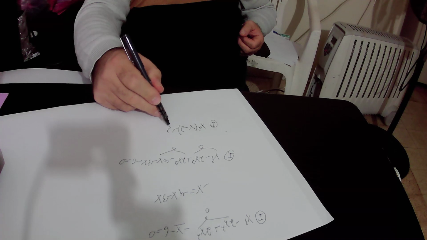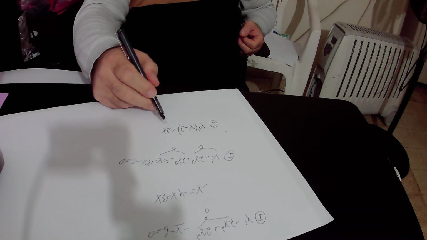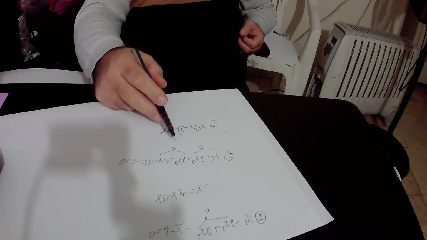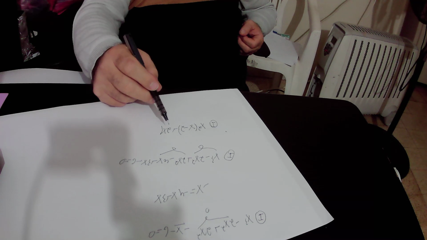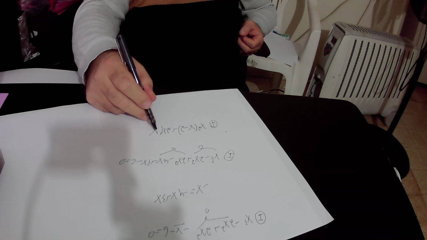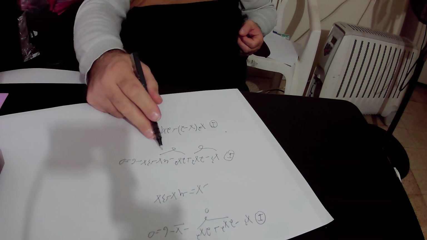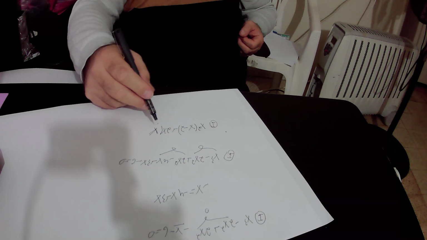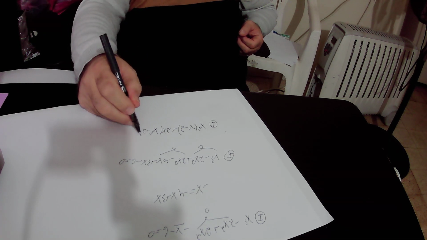So the common factor is 2x, and inside the bracket we will have what is left from 2x squared after we took 2x as a common factor. What is left, it is actually x. And what is left from minus 4x after we took 2x as a common factor, what is left, it is actually minus 2.